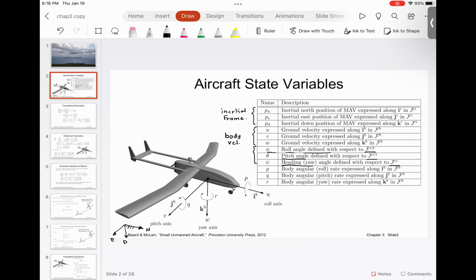So what we have done is, first we took care of the aircraft attitude, and then when the aircraft is in body frame, we are looking at the aircraft velocities in U, north, east, V, and D, down. Everyone understood this? If the aircraft is going up, clearly your down velocity is going to be negative.